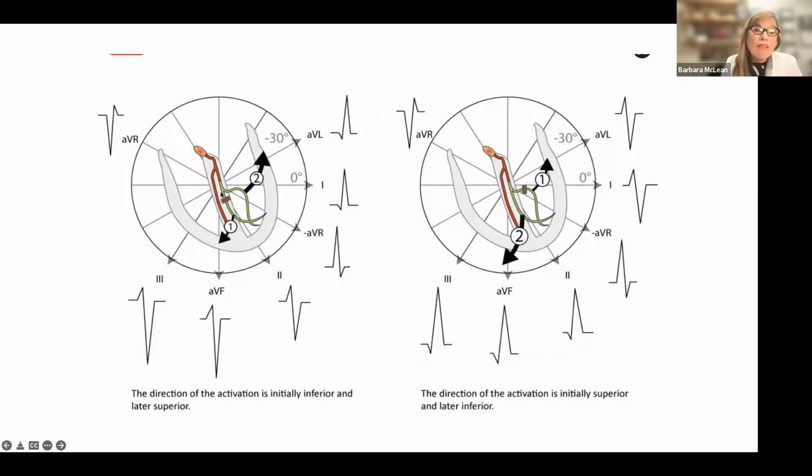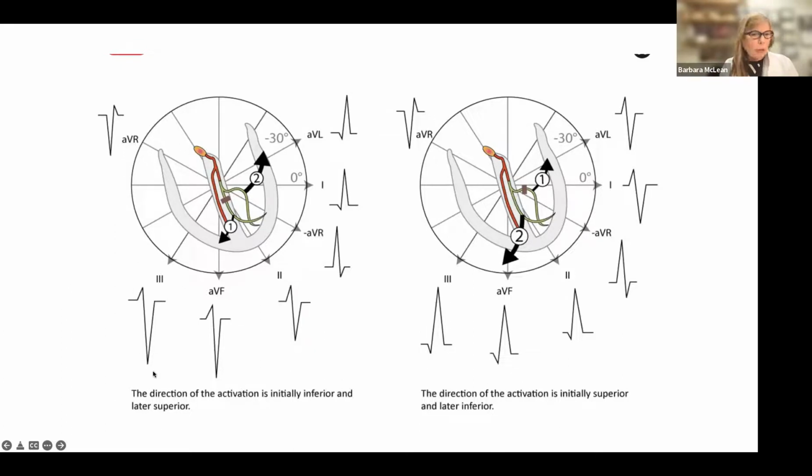So if I have an anterior fascicular block, and not the posterior, I'm going to activate from the posterior fascicle, which means away from the left as it goes to the apex and then back up to the left. So in my lead 1 and AVL, both sharing the left side electrode, I'm going to have a small Q and a big R. And in my inferior leads, I'm going to have a small R and a deep Q.